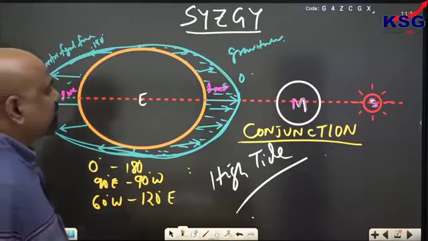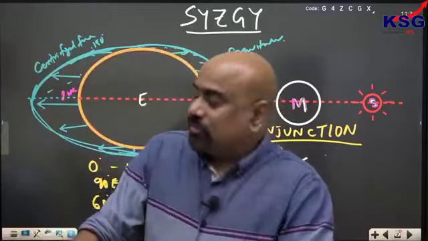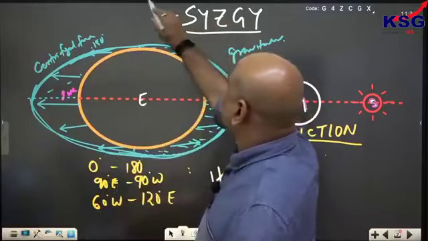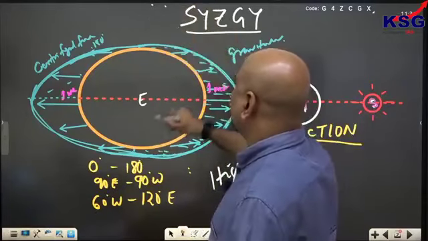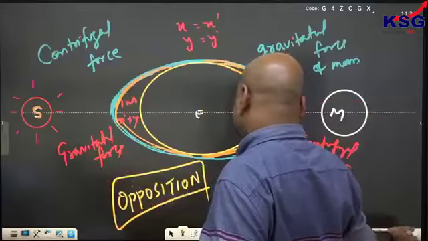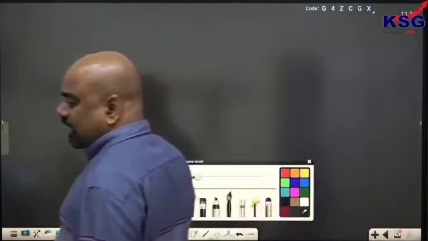Spring tide or high tide you have, but sometimes if the moon comes here, with the sun here and the moon here, they will be at 90 degrees. Again I will go for, this is a high tide, I hope you got it. High tide occurs whenever sun, moon and the earth are in one line or in conjunction.